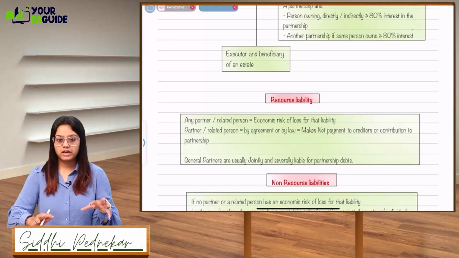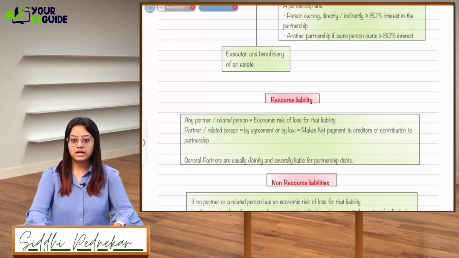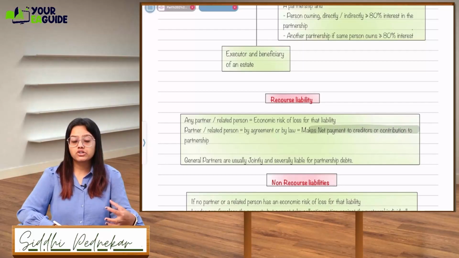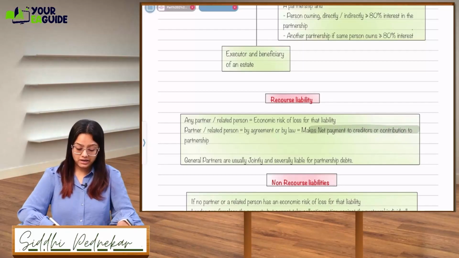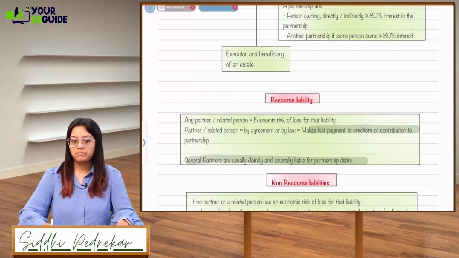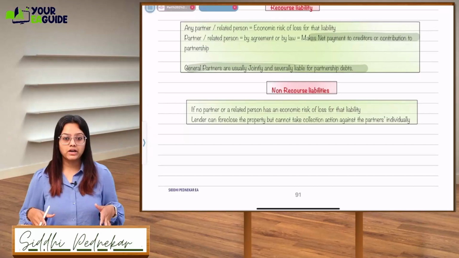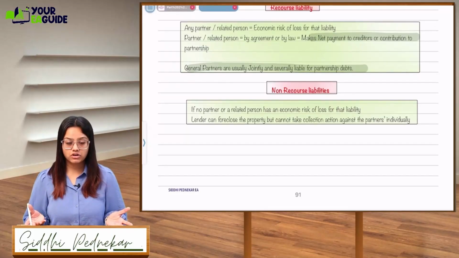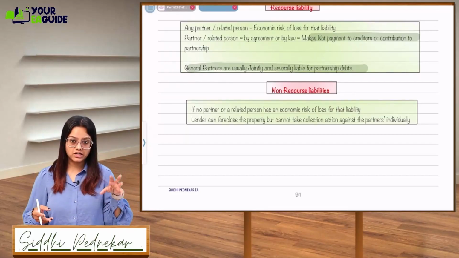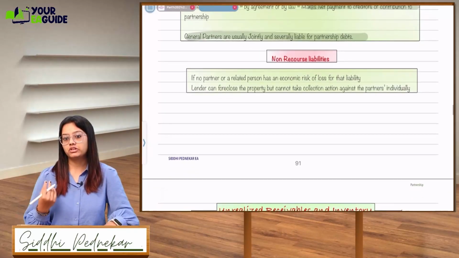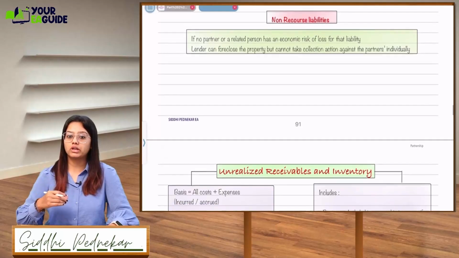Any partner or related person who by agreement or by law makes a net payment to the creditors, or contributes to the partnership, bears it. General partners are usually jointly and severally liable for the partnership debt. Next is non-recourse, meaning no partner or related person has an economic risk of loss. Other than me, the other partners do not have any risk to repay that $10,000. I am the only one liable for the $10,000, so that is called non-recourse.